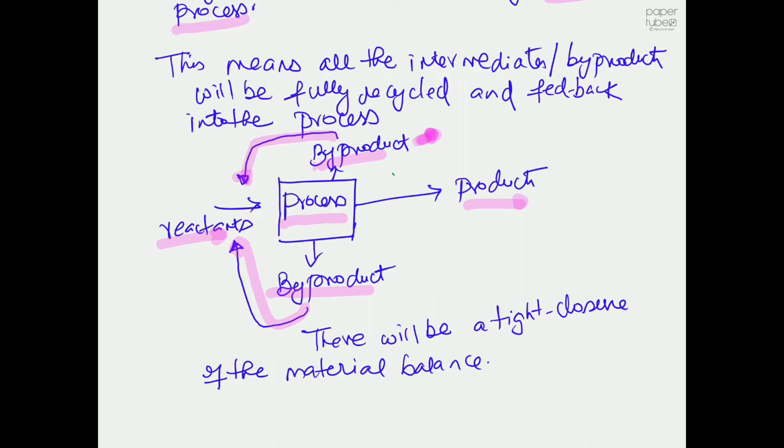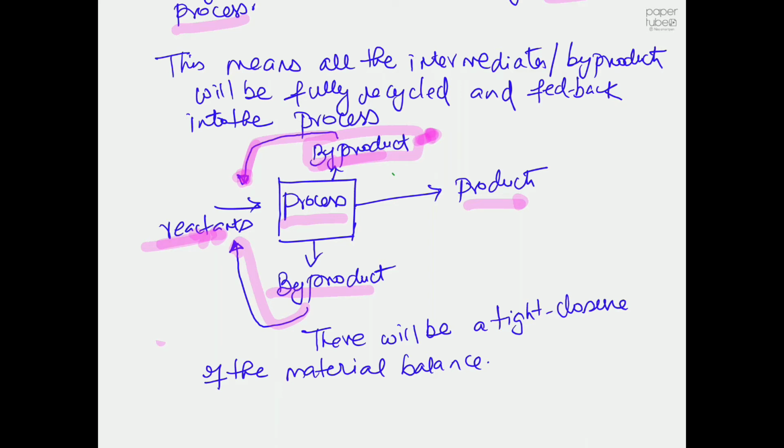Maybe this byproduct itself is one reactant, yeah? So it will be fed back into the process. So at the end of the day, only the reactant flows in and then the product comes out. All the intermediates and the byproducts that come out of the process will be fed back into the reactant.